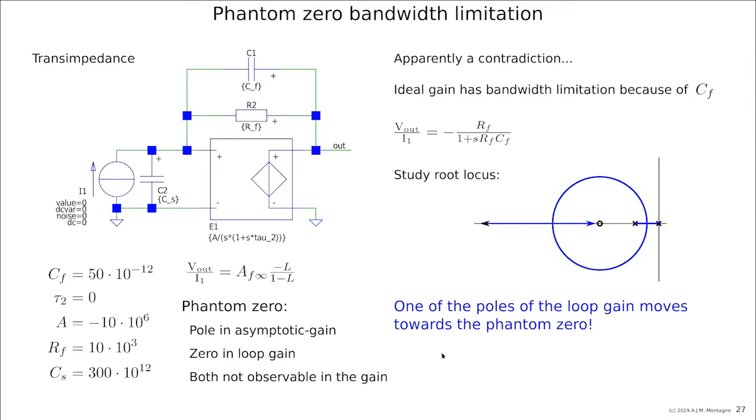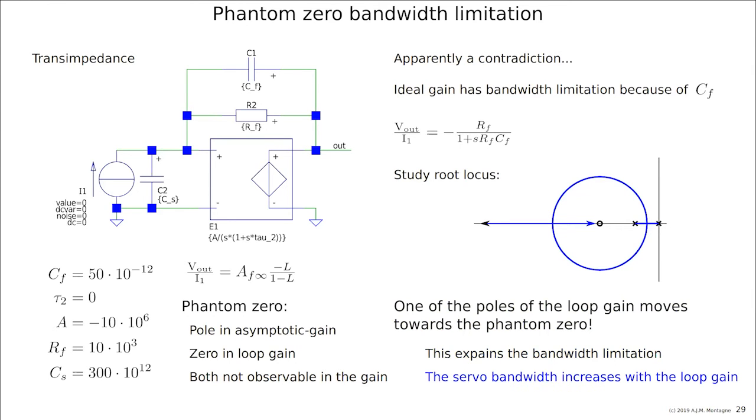So one of the poles of the loop gain moves towards the phantom zero. There was already a pole on the phantom zero, so we have the remaining one as the visible one. And this explains the bandwidth limitation. And the servo function gets a larger bandwidth, increasing with the loop gain. Maybe it is helpful to study this as well in the Bode plots.